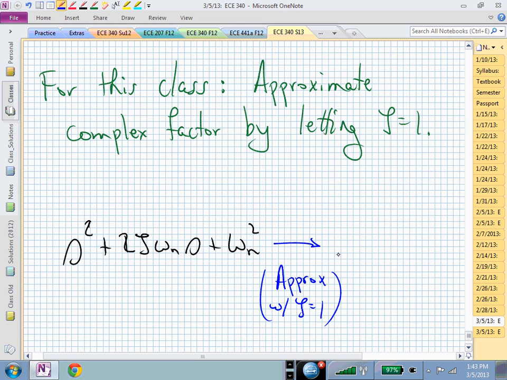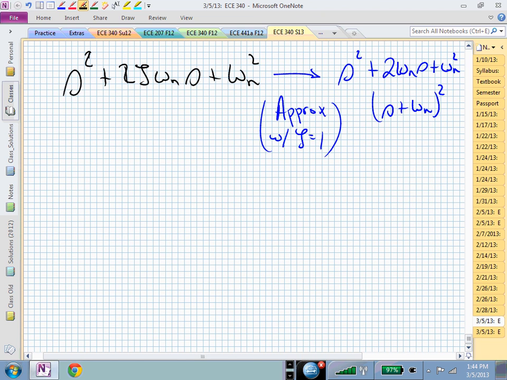And that now allows you to say this is s squared plus 2 omega sub n s plus omega sub n squared, or 2 real equal roots.